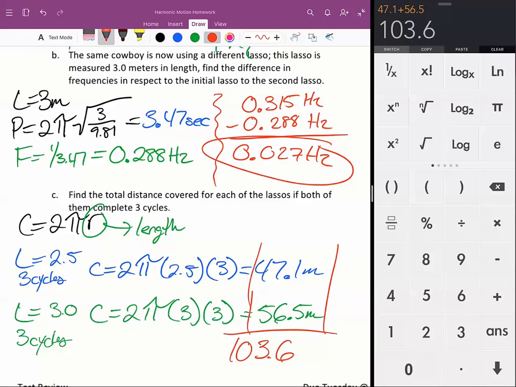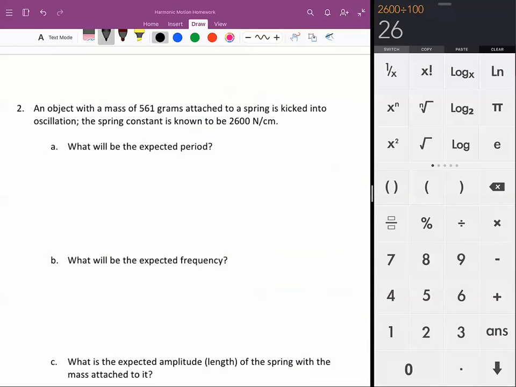Now going with number 2, we have a few numbers to put in the proper units. The first one being grams, we had to convert to kilograms. There are 1,000 grams for each kilogram, so we divide 561 by 1,000, and we get 0.561 kilograms.